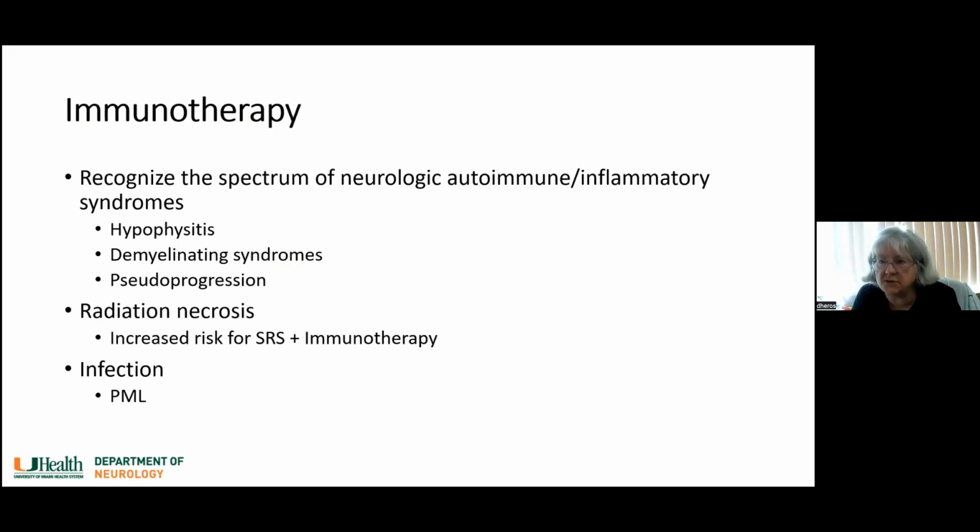Immunotherapy can also cause a demyelinating disorder that looks like MS and can cause pseudoprogression. So again, as we learn to understand the effects of these treatments, we have to take these into consideration in making decisions and interpreting our imaging studies throughout the course of the patient.